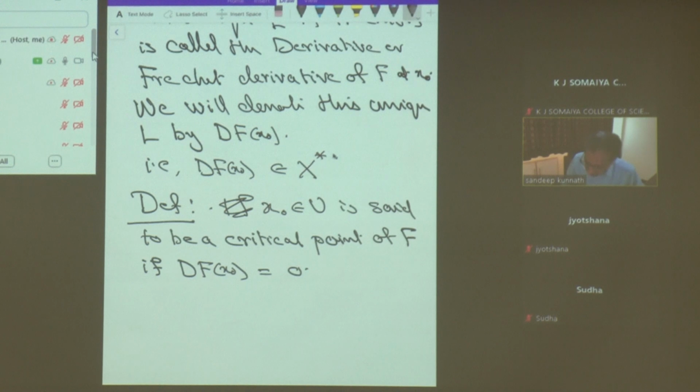That means x naught is said to be a critical point if its derivative at that point is 0.